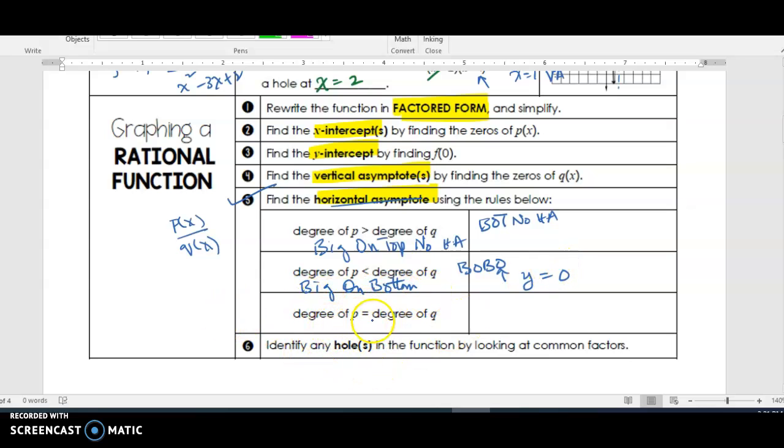Then what if they're both equal? Then we would say exponents are the same, so divide the coefficients. This is the third case. In short, it's EATS DC. Exponents are the same, divide the coefficients, okay? So we'll see all of these cases in our examples.